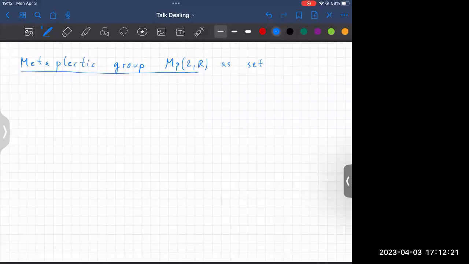Let's develop an intuition for what it is. And for that, let's draw SP2R. So remember, SP2R is actually the same as SL2R: 2 by 2 matrices with unit determinant.